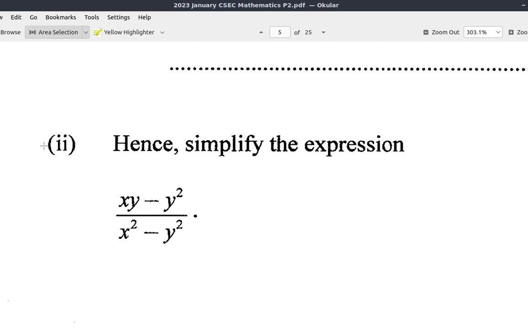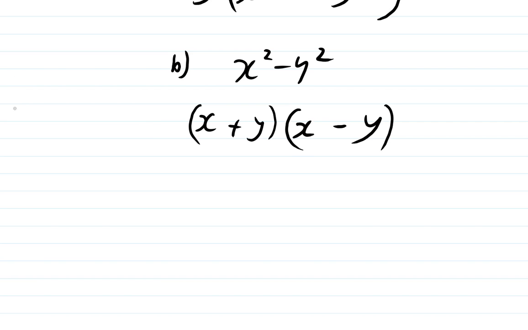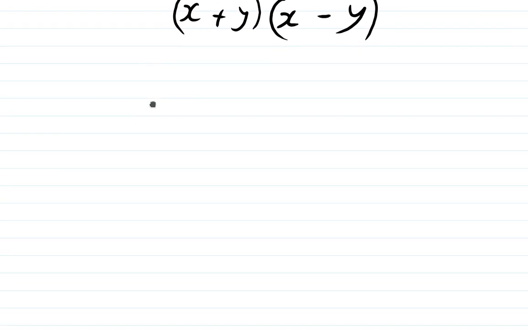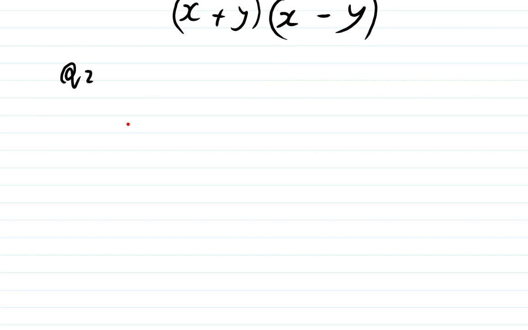Alright, so you're going to simplify. This is part 2. This would be B1 and then B2. Question 2. So this is question 2B2.